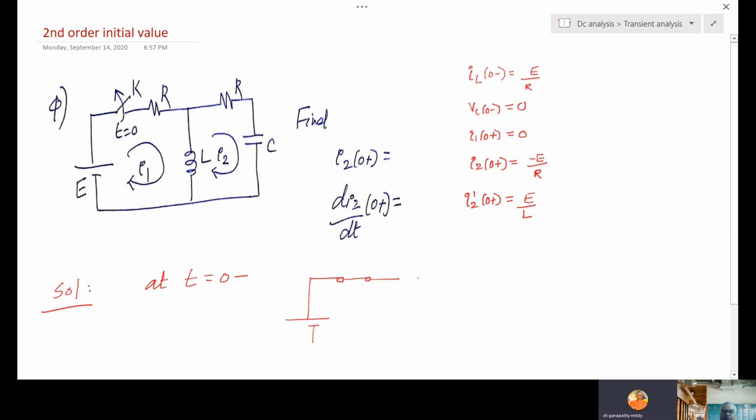And there is a resistor here. At 0 minus steady state, the inductor is short and the capacitor is open.